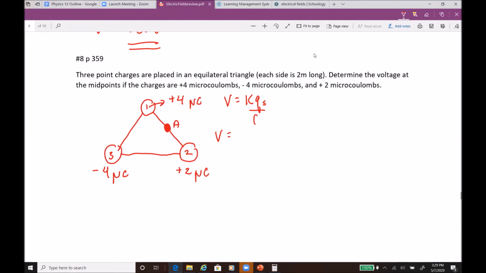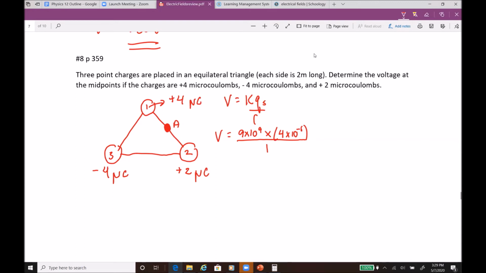The voltage in relation to charge 1 would be k, so 9 times 10 to the 9, times 4 times 10 to the minus 6, and it is 1 meter away.